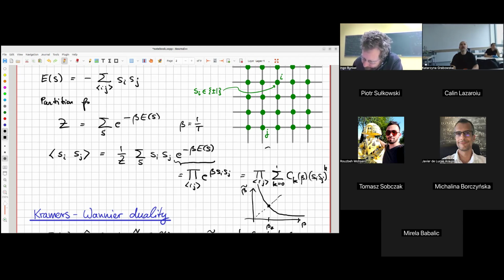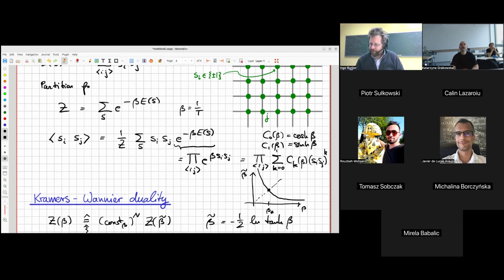And what's the c_k? C_0 of beta is, I think, cosh beta, and C_1 of beta is sinh beta. There's some simple identity of these hyperbolic functions because s_i s_j can just take plus or minus 1 values, so you can just verify this.